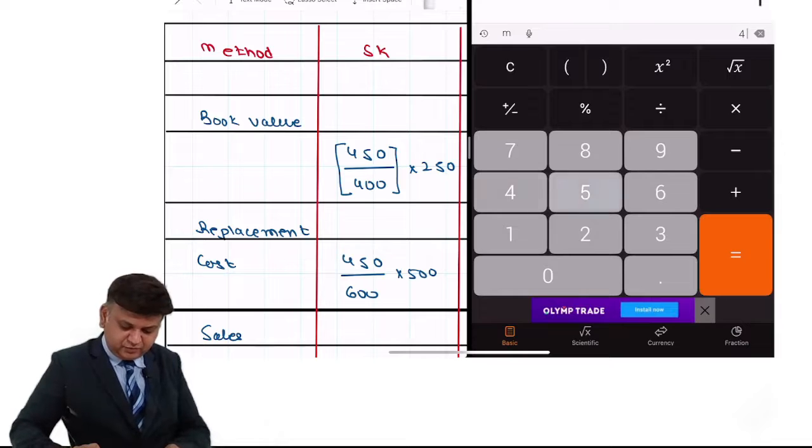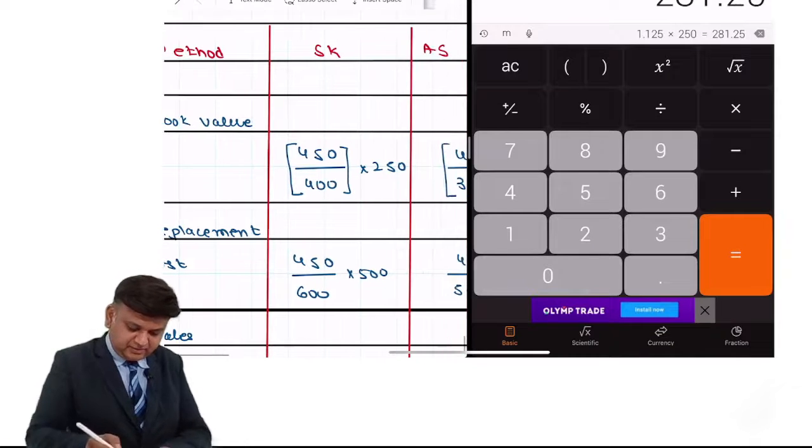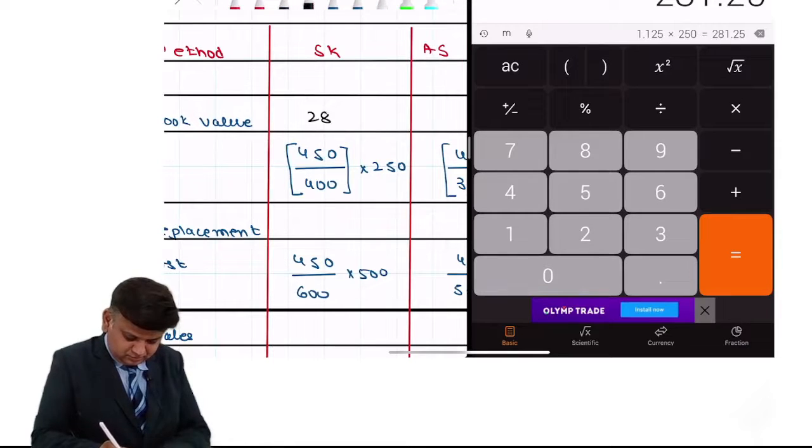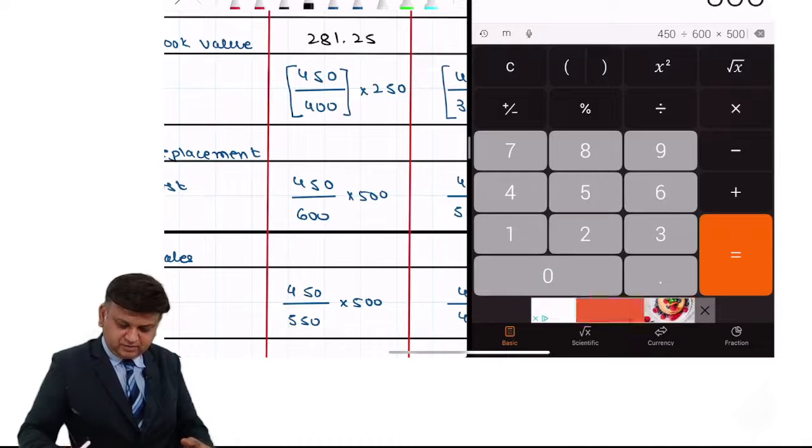So the answer will be 450 divided by 400, 1.125 into 250. That is 281.25. Then 450 divided by 600 into 500.